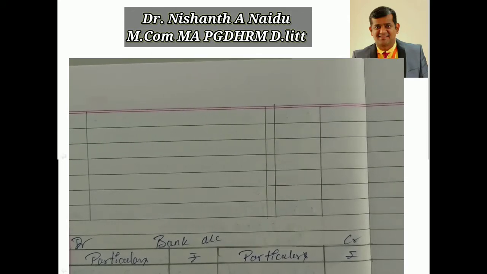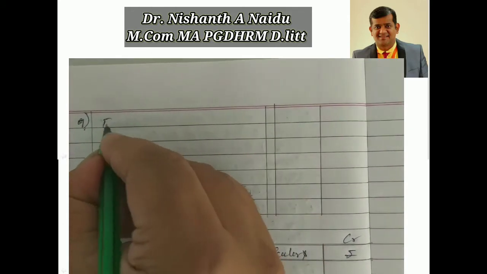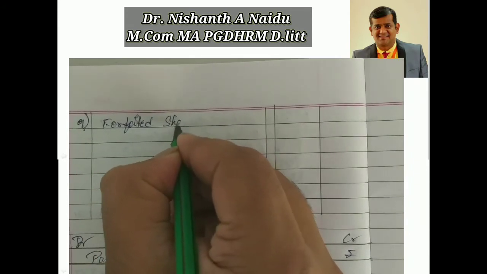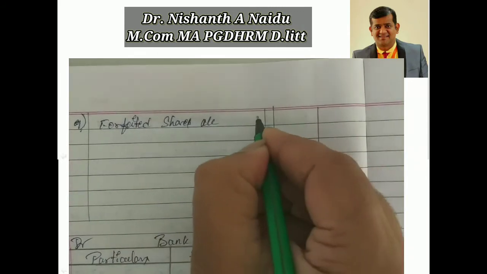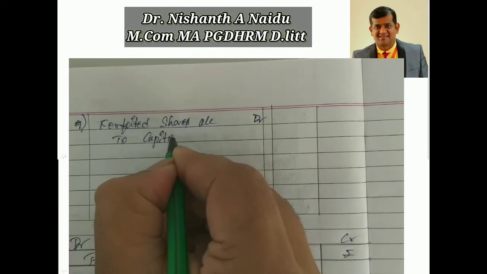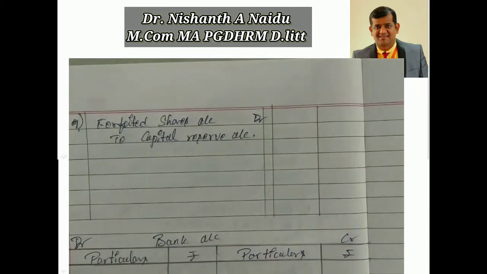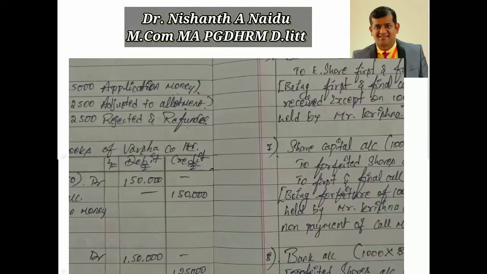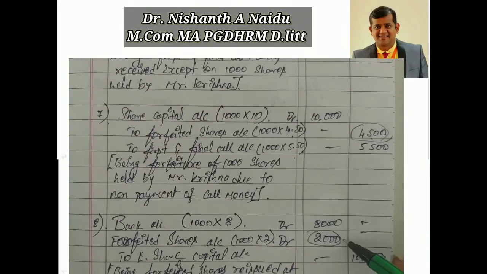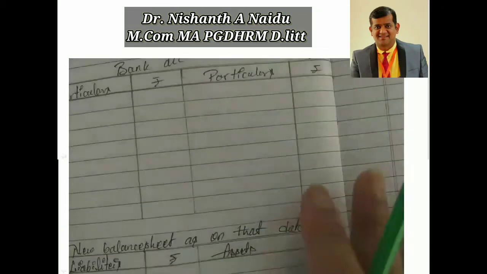So now I am here to pass the next last journal entry, ninth journal entry, that is forfeited shares account debtor to capital reserve account. So this you know, right, that what we have highlighted, so that should be deducted. 4,500 minus 2,000, so left out is 2,500.